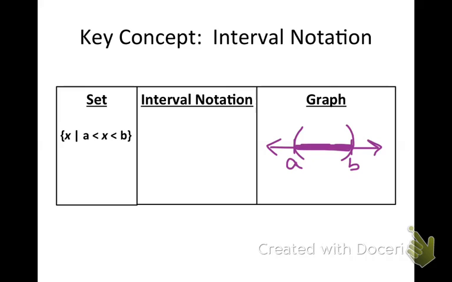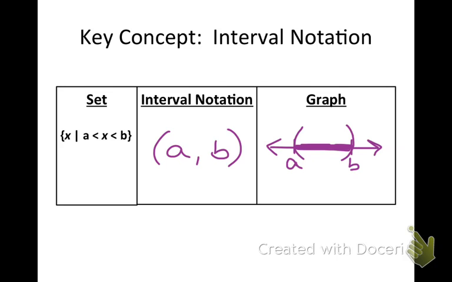This helps you to see what my interval notation is going to look like. We're going to start at A, but not include A. We're going to stop at B, but not include B. So far, so good?